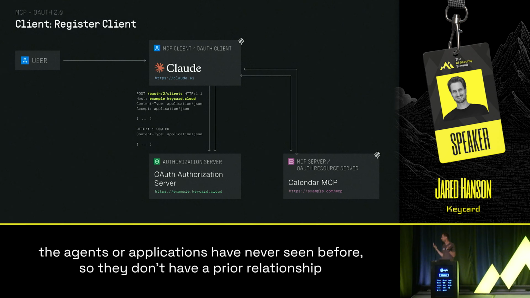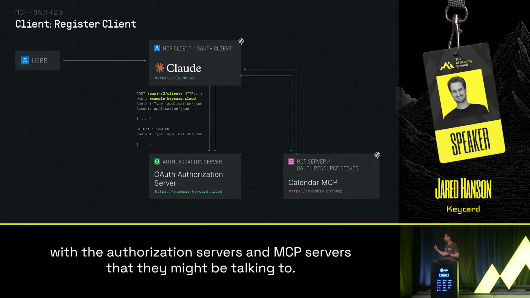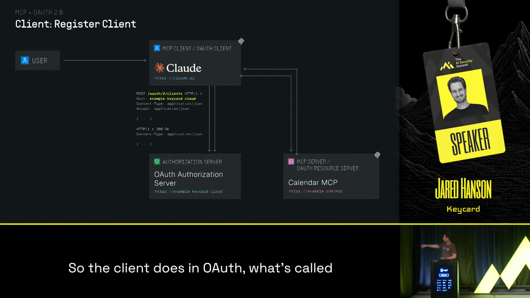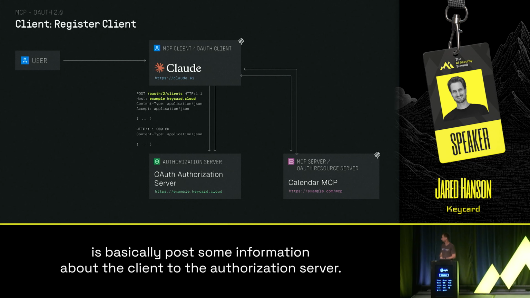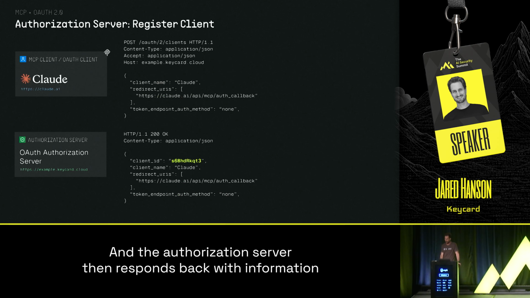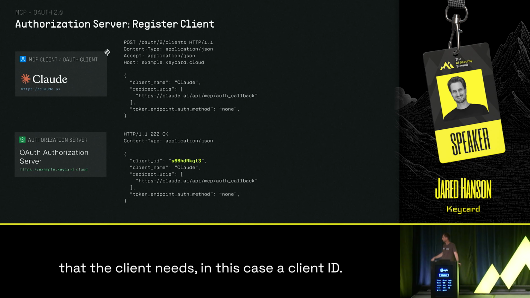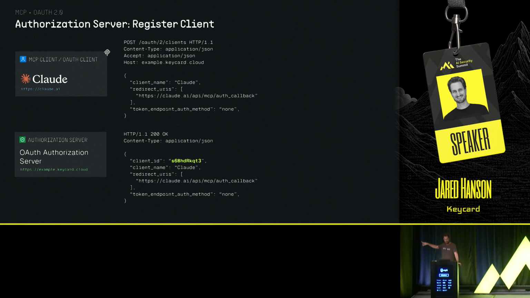So they don't have a prior relationship with the authorization servers and MCP servers that they might be talking to. So the client does, in OAuth, what's called dynamic client registration with the authorization server. And all this does is basically post some information about the client to the authorization server. And the authorization server then responds back with information that the client needs, in this case, a client ID.